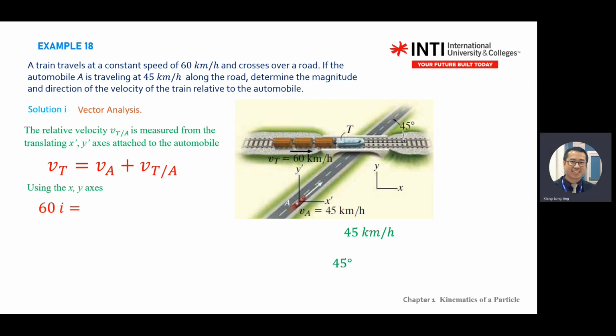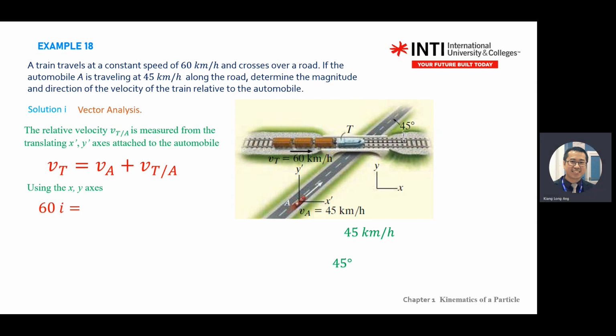Either one is the same, but this one I solve for the i direction. So I change the velocity of my train, 60 kilometers per hour to the right, is my x. So I convert to 60i. There is no component in z because it's along the x-axis. My z is 0, plus 0k.